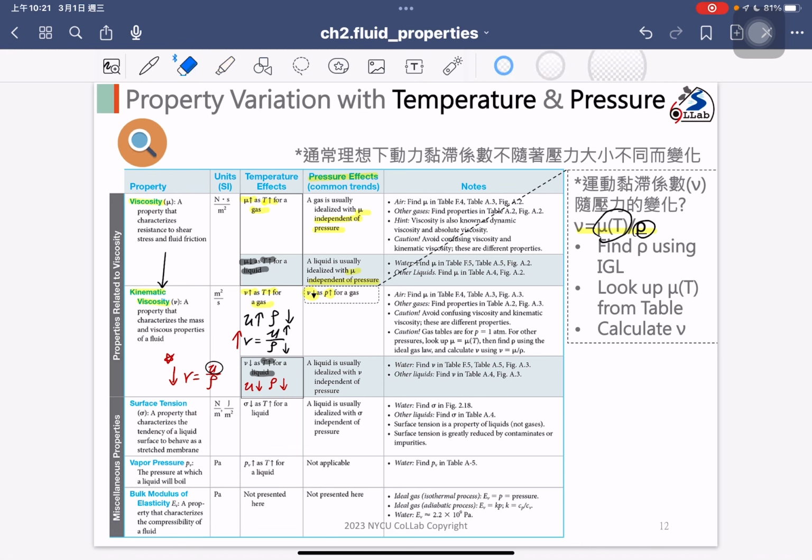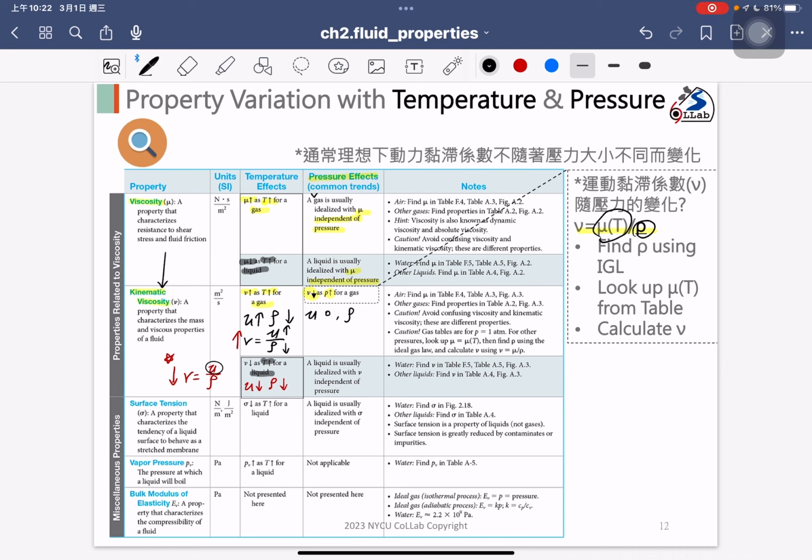And then you go back to consider: the mu didn't change when the pressure changed, right? Because the baseline idea here is that mu is independent of the pressure. So that didn't change. But what about the density? For the gas, when the pressure increases, the density will increase also, right?